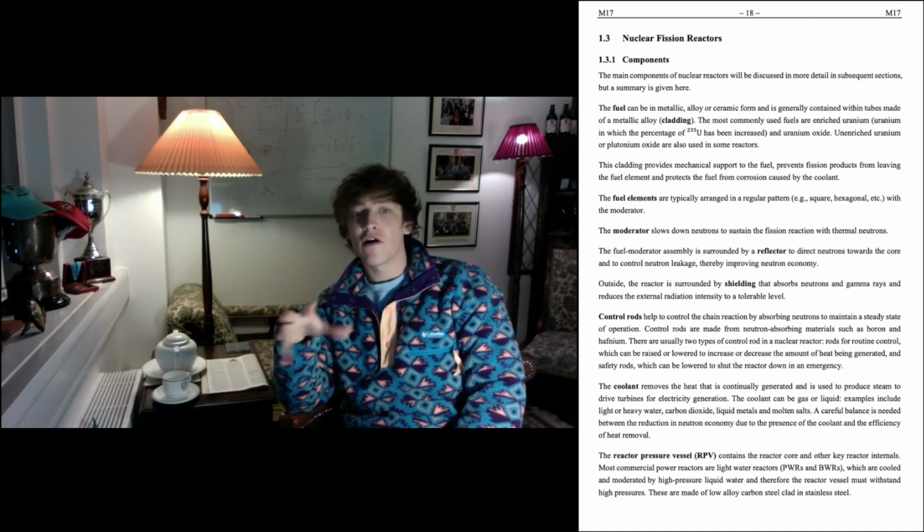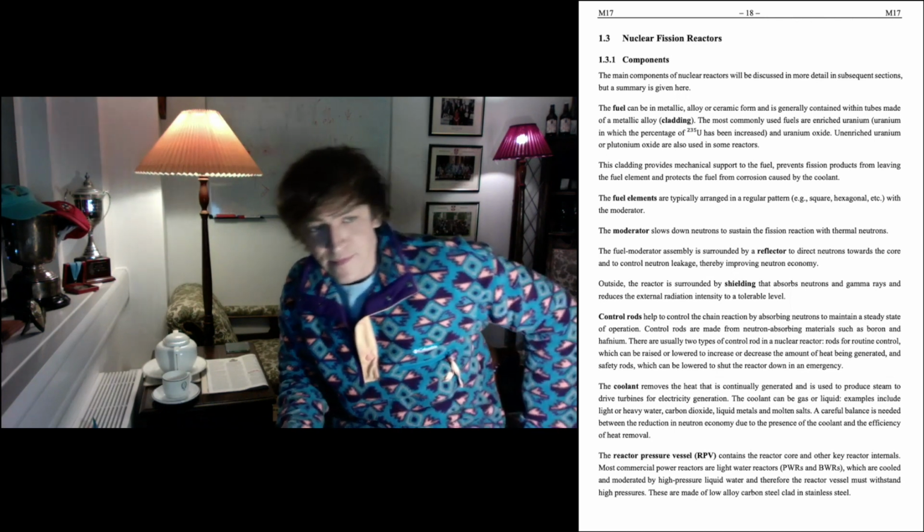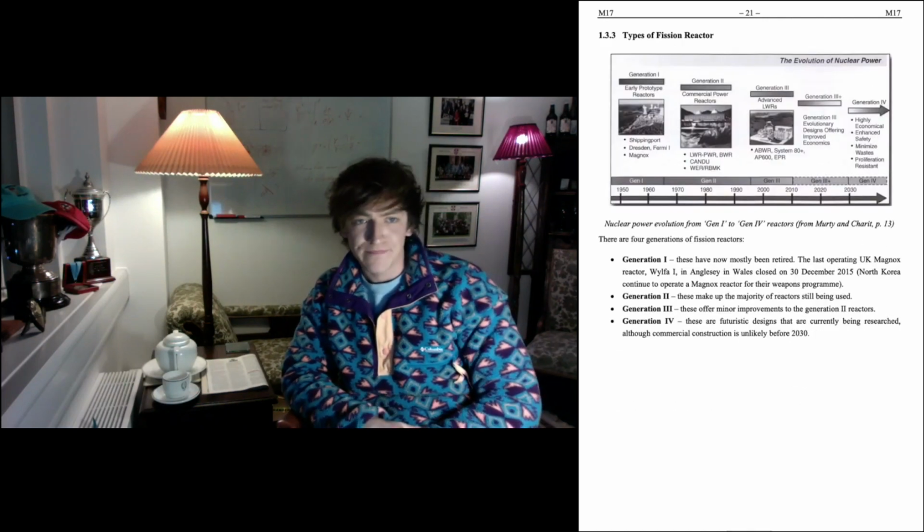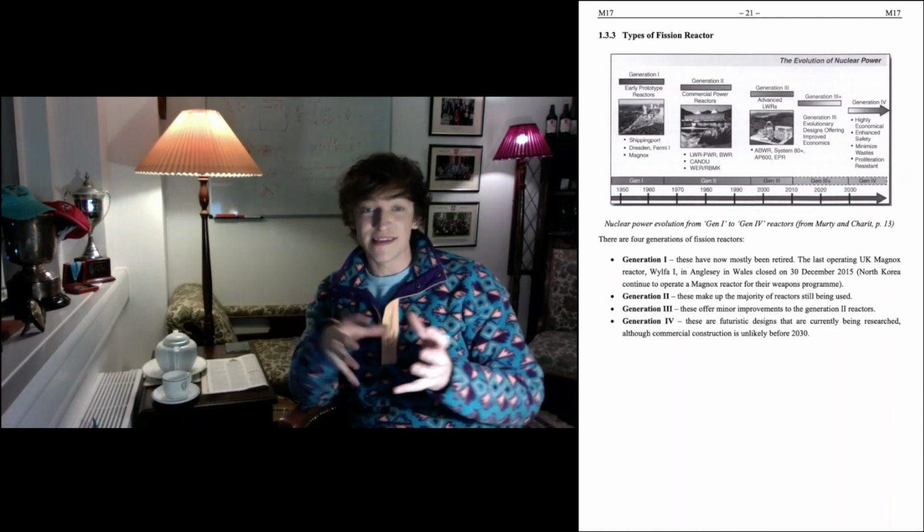So those are the key components of a fission reactor that we will look at throughout this course. There are, of course, other components beyond these, but I leave those to your own private reading, should your curiosity obligate you.